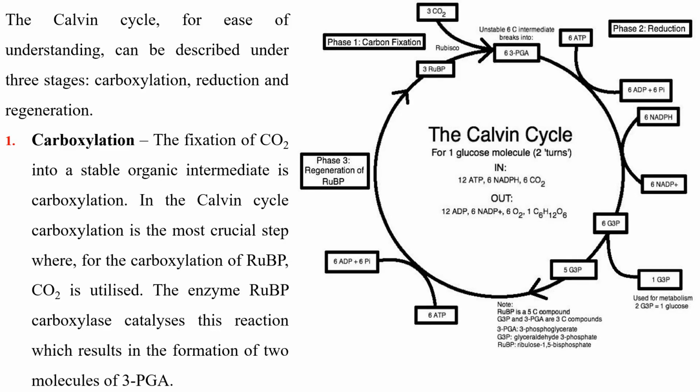The fixation of carbon dioxide into a stable organic intermediate is carboxylation. In the Calvin cycle, carboxylation is the most crucial step where, for the carboxylation of RuBP, carbon dioxide is utilized. The enzyme RuBP carboxylase catalyzes this reaction, which results in the formation of 2 molecules of 3-PGA.